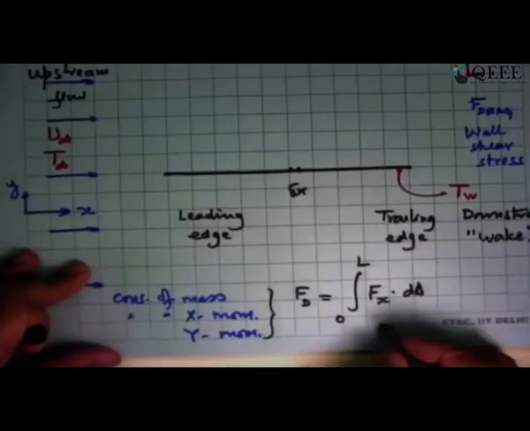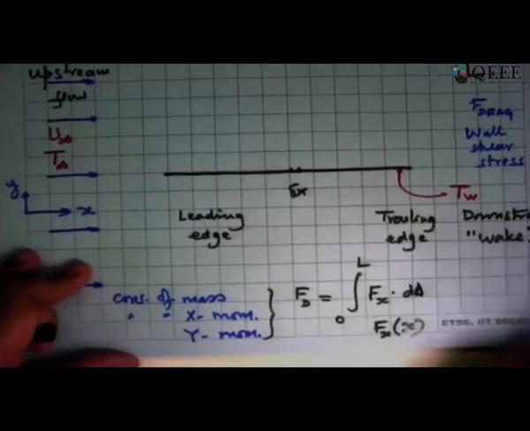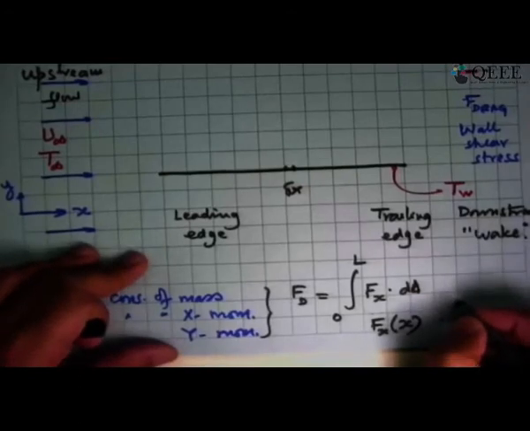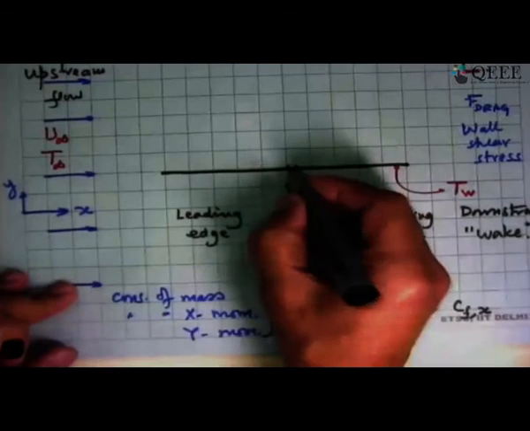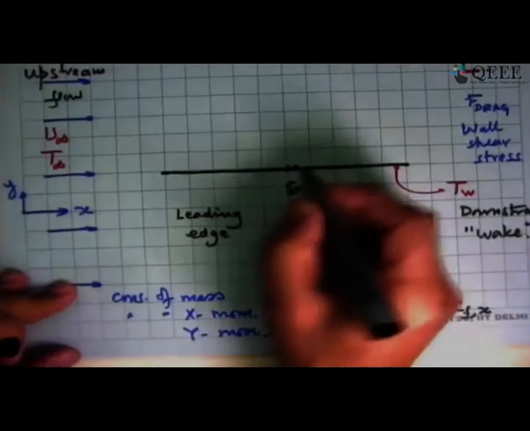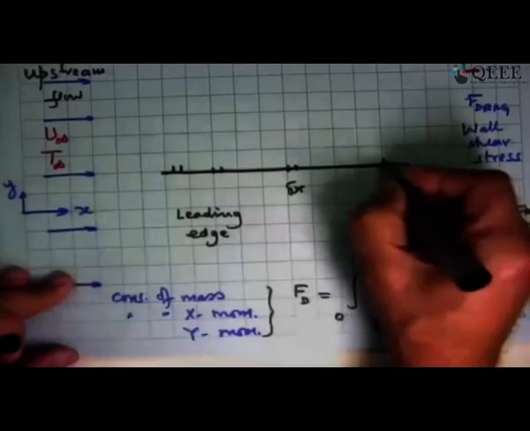The thing is, Fx is a function of x. That means the local drag force is a function of x, and we relate it to the skin friction coefficient Cfx. We know what this is. The skin friction coefficient in this element is different from that in this element, is different from this element, which is why we have to make this integration.